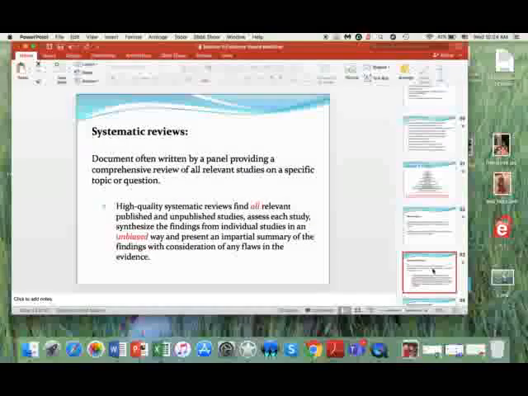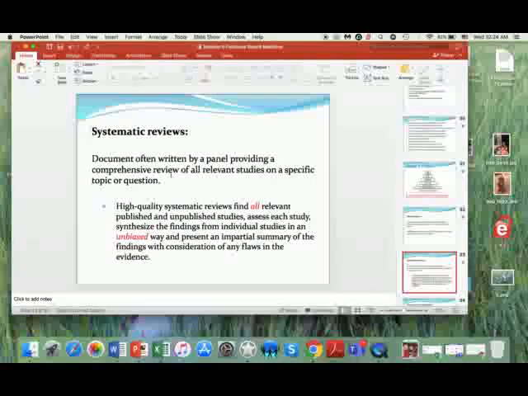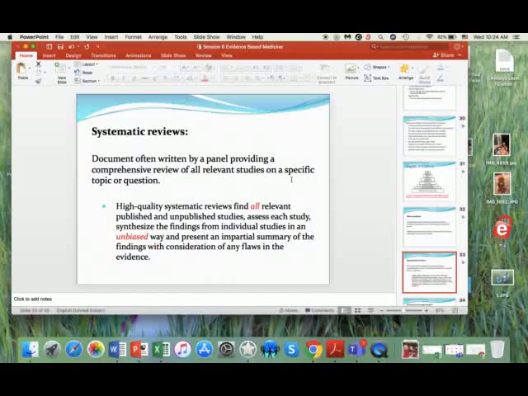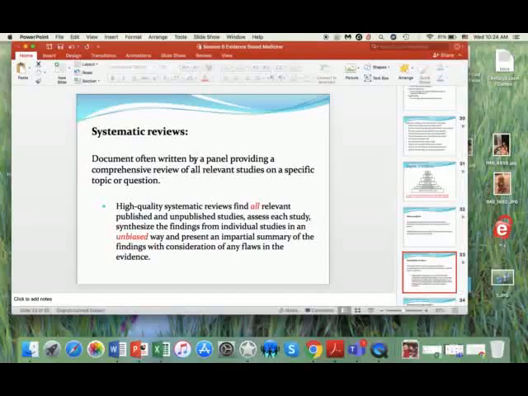And so that group of doctors or group of researchers look at a review of a lot of different studies, and then they publish their opinion or their review and say, okay, because of all these studies, this is what we think we should do.